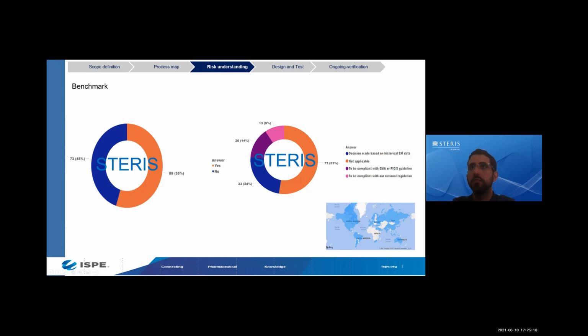Some say it's because they want to be compliant with the MHRA and the PIC/S guidelines, and 9% say that they have to be compliant with the national regulations. We had more than 100 people answering those polls, and so I guess it gives a good idea of what is the practice around the world, if I can say that.